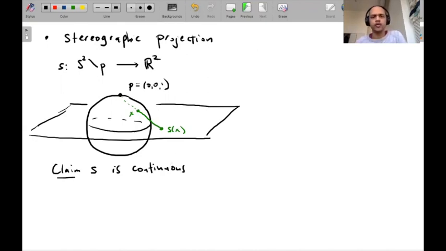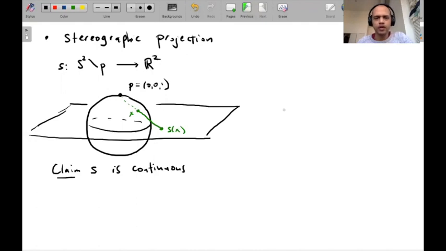Both of these we're viewing as topological spaces, given the topology that they get from R3. This is the topology I mentioned last time that you get for a subspace of R3.